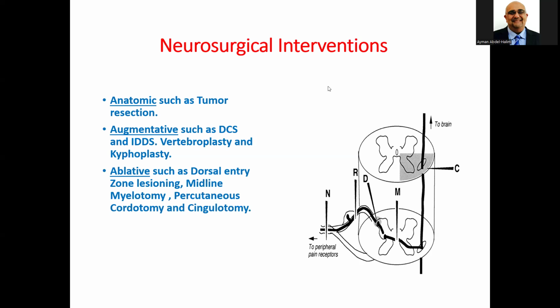Basically, neurosurgical interventions in cancer pain are classified into three categories: anatomic, such as tumor resection; augmentative, such as dorsal column stimulation, which is less used than the intrathecal drug delivery systems, vertebroplasty and kyphoplasty; or ablative, such as dorsal root entry zone lesioning, midline myelotomy, percutaneous chordotomy, and cingulotomy.